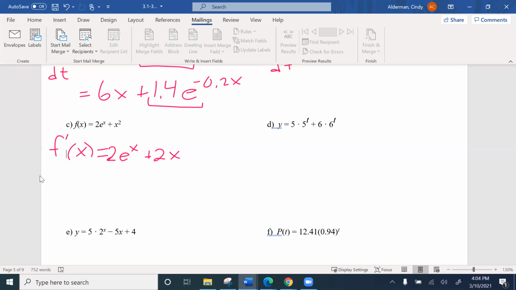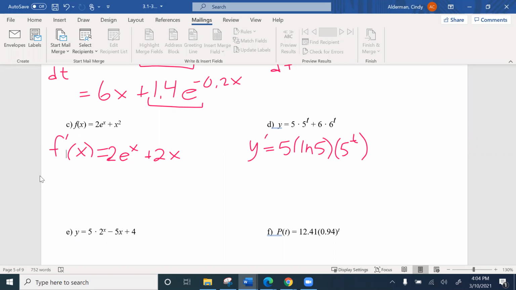All right, let's say I'm trying to use all kinds of different notation for derivatives. So if I have y, then I can say y prime, that's another shortcut way of saying the derivative of that function y, is equal to, well, we're going to take the 5 out because it's a constant multiple, right? But then we're going to take the rule for exponentials, and we're going to use the natural log of the base 5, and then throw in 5 to the t power.